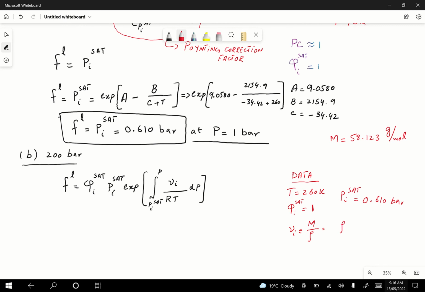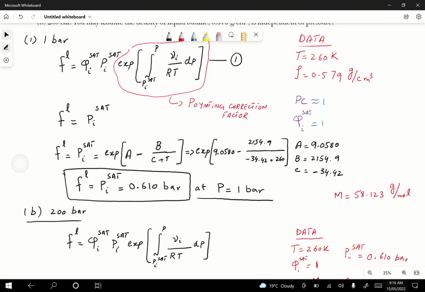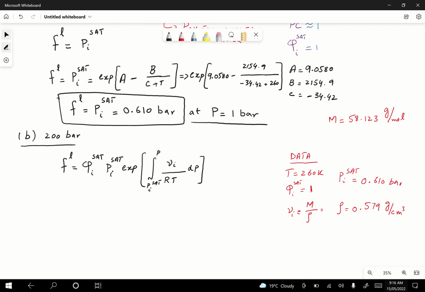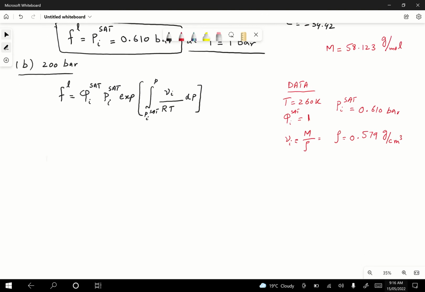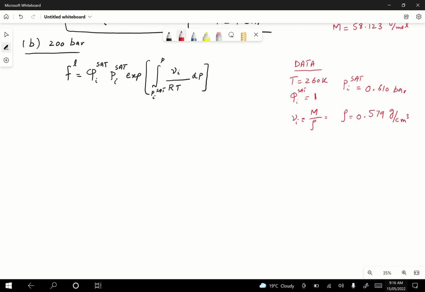So the density is 0.579 gram per cubic meters. Okay, now what we can do is convert this density first into kilogram per cubic meters.